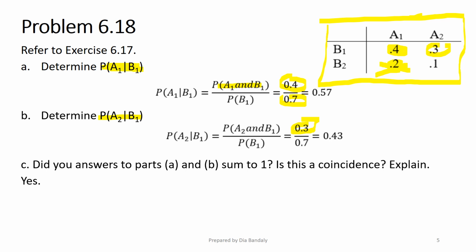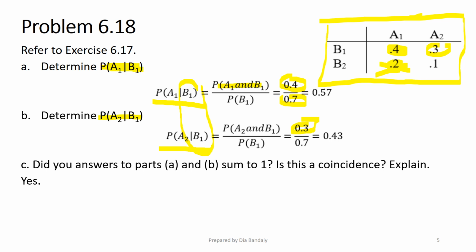No, in fact, it's not a coincidence, because in both probabilities we are asking what the probability of A1 given B1 is, and the second one also given B1. In other words, we are saying if B1 happens, in the first question, what's the probability of A1? Second, what's the probability of A2?